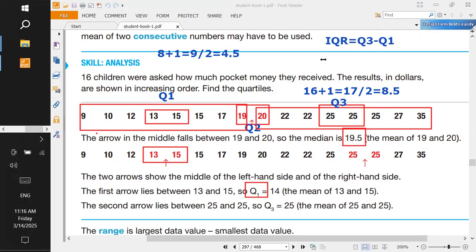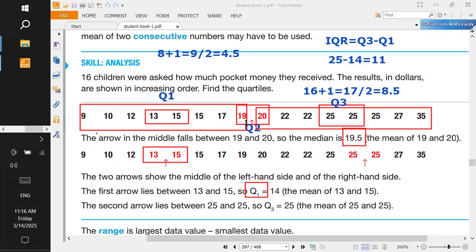So you say 25 minus 14. This will give you the interquartile range. So 25 minus 14 will equal what? Very good. It will equal 11. So the IQR here for this question is 11. And this is how you answer a question like this.